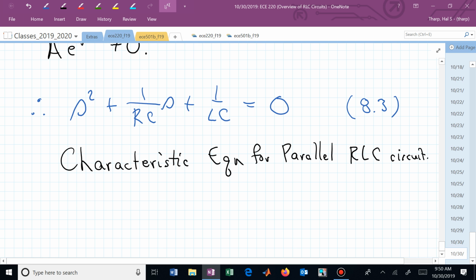Real, complex, purely imaginary. It all depends on R, L, and C. That's where we will begin, is figuring out what the structure of these solutions look like when we have these different types of solutions to this quadratic equation. When s is purely real, when it's complex, and when it's purely imaginary. We'll pick up there next time.